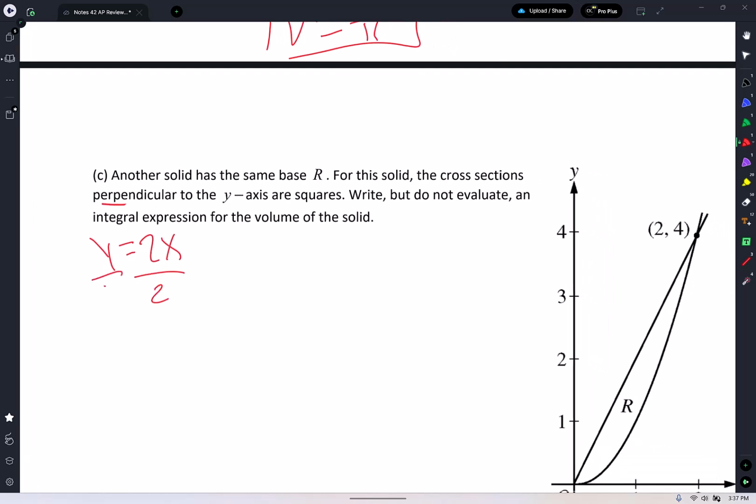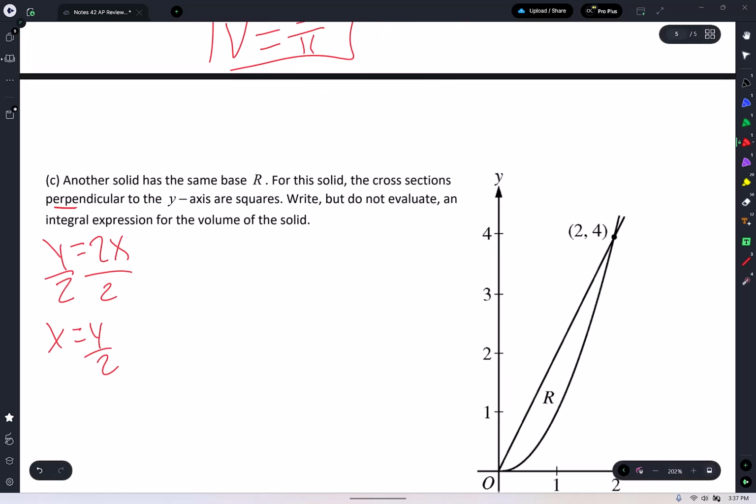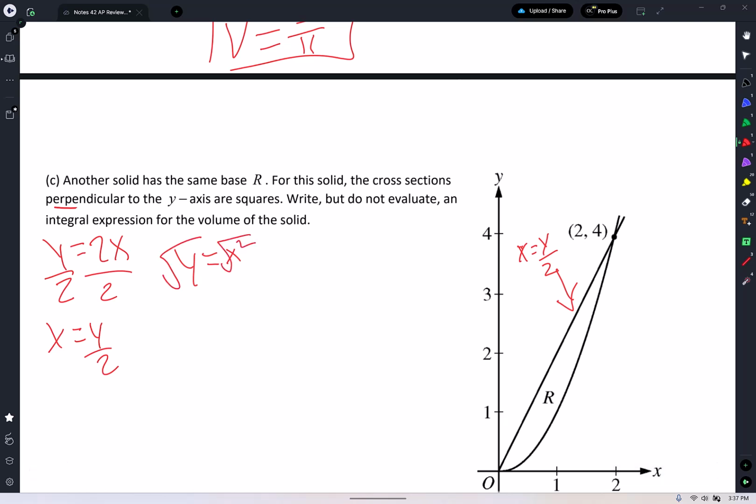So divide by 2. We have x equals y over 2, and that's this one right here. Then we have the other one, y equals x squared. Square root that. Square root of y equals x. And that's this one right here.